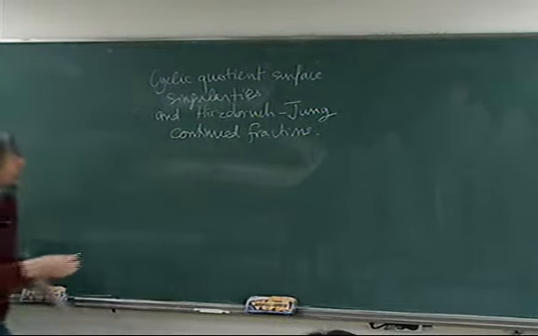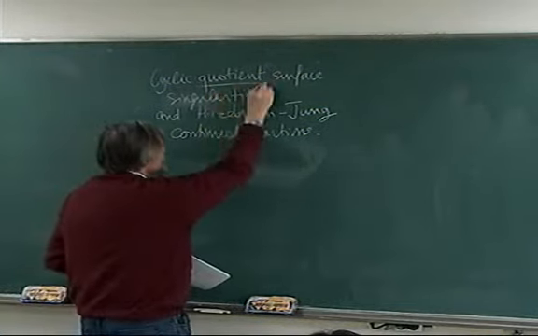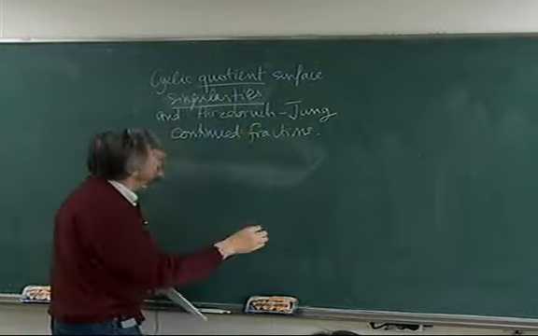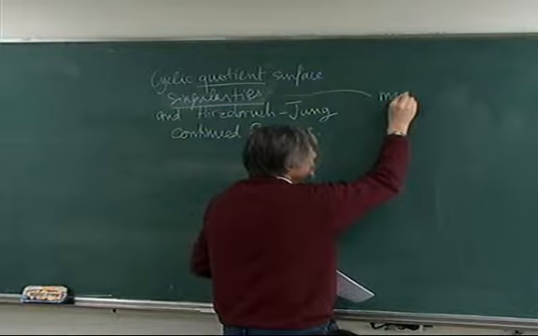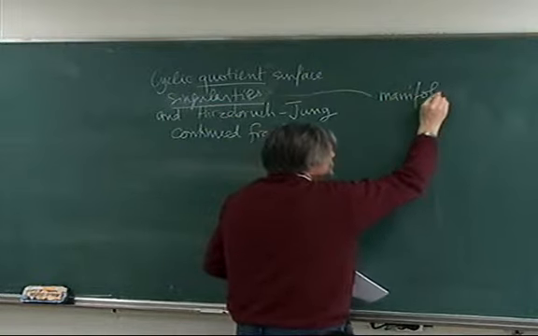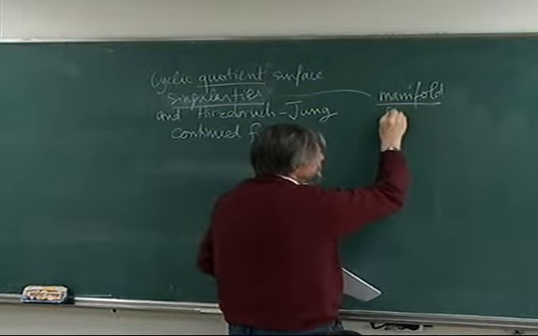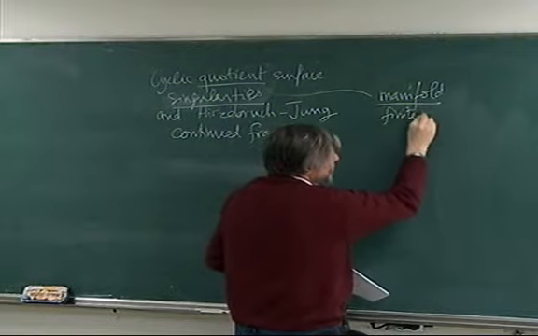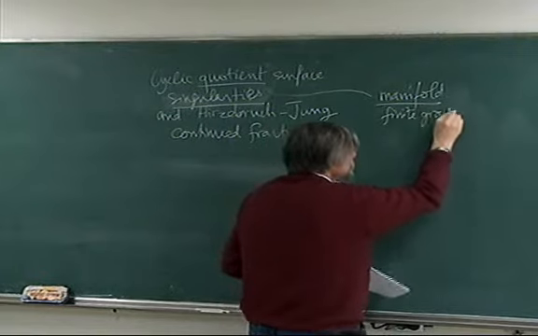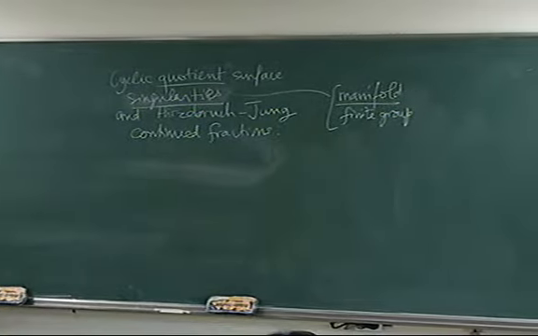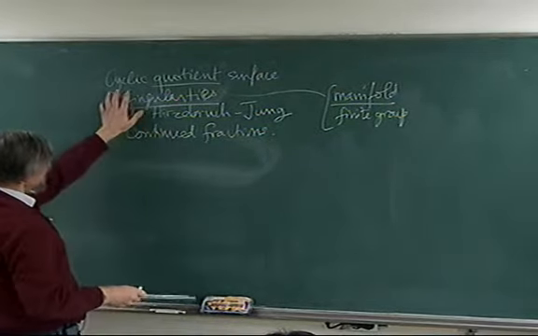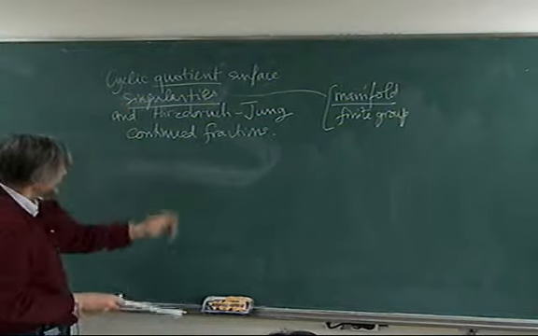Okay, so quotient singularities means a manifold divided by a finite group. But what I'm doing now is really much simpler, because this is just a cyclic group acting linearly.